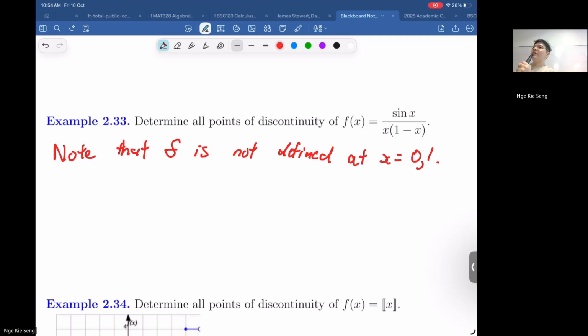Okay. Any other place that is not continuous? Sine x is continuous at every point. X is also continuous. So you should think about 1 over x. Where is it continuous? It's continuous away from 0.